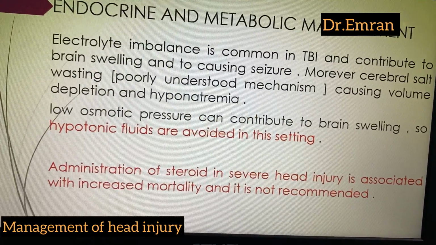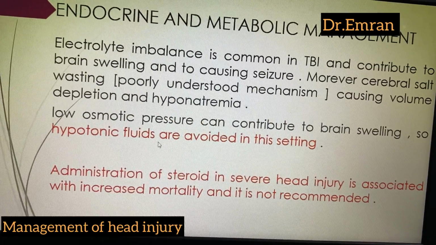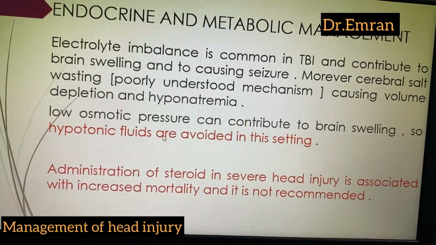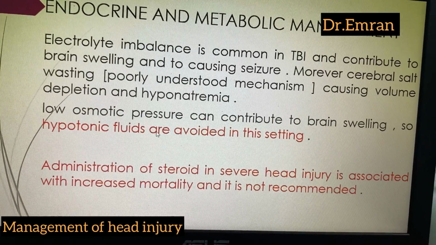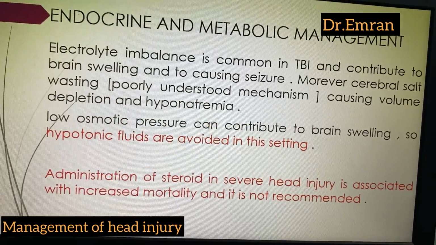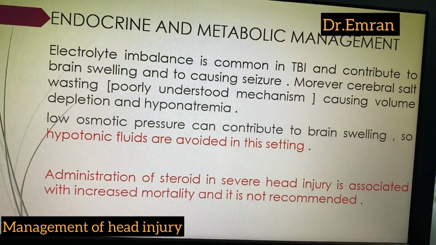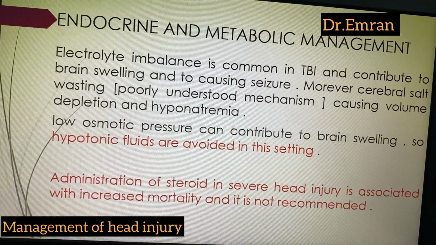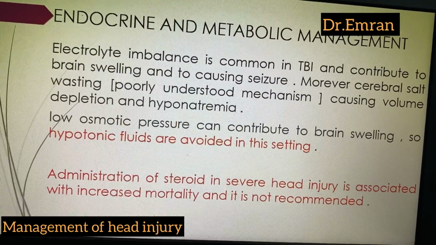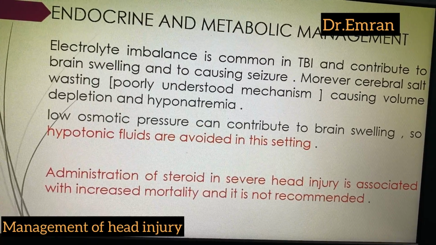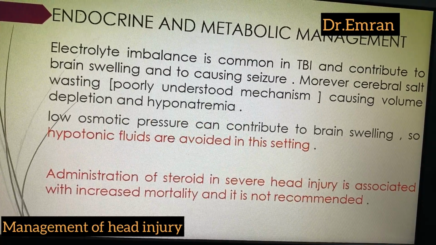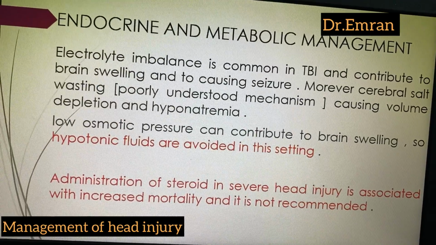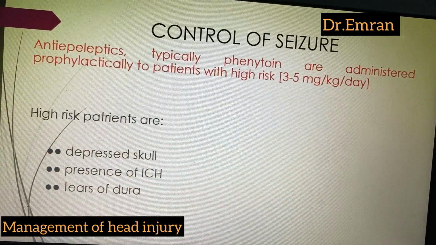So in this setting, we use hypertonic solution or isotonic solution. Don't use hypotonic solution, it's a crime. I am again repeating that hypotonic fluids are avoided in this setting, and administration of steroid in severe head injury is associated with increased mortality and morbidity, so not commonly recommended.